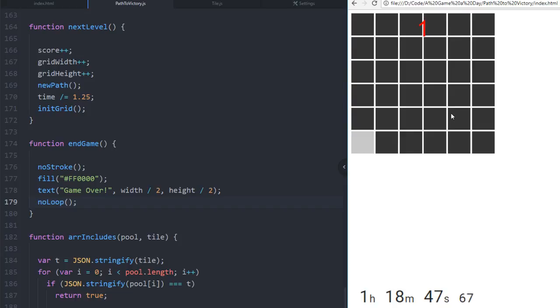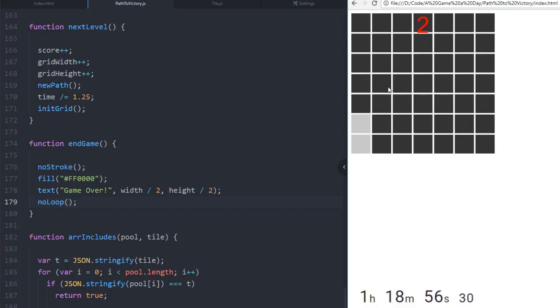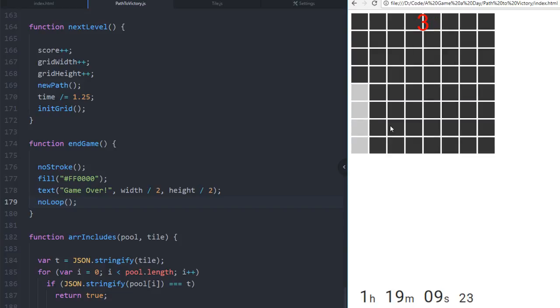Okay. There. To the right, up, up, to the right, up, up. That's simple. I feel like because I played Minecraft, this is easier. Okay, there. Level 3.